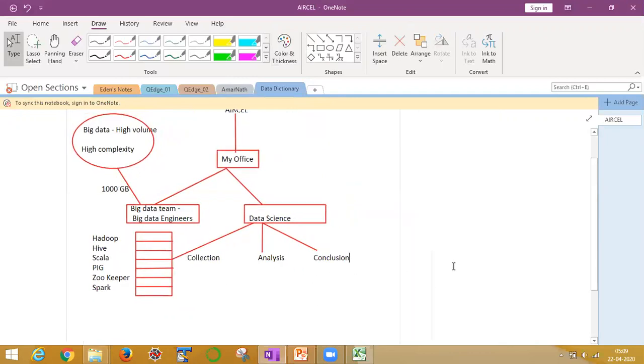So this is according to my experience, I mentioned this one. It depends on the environment. Again, there will be some internal teams available. That means the collection department will be different, the analysis department will be different, and the conclusion part will be different.